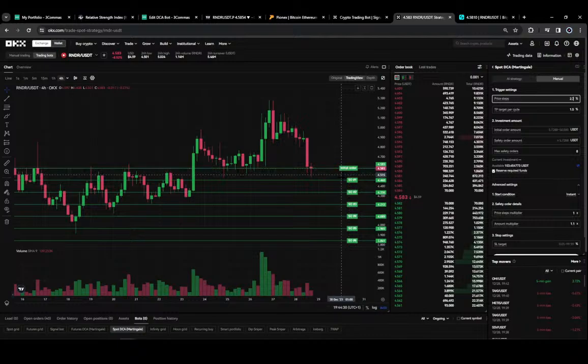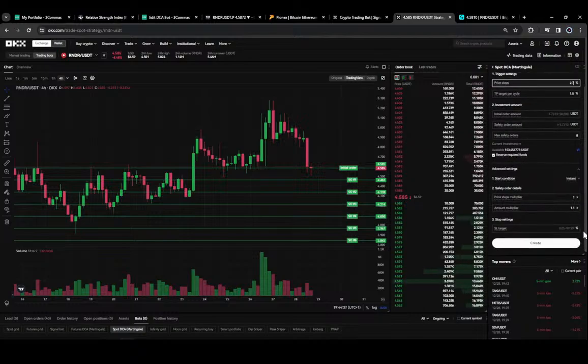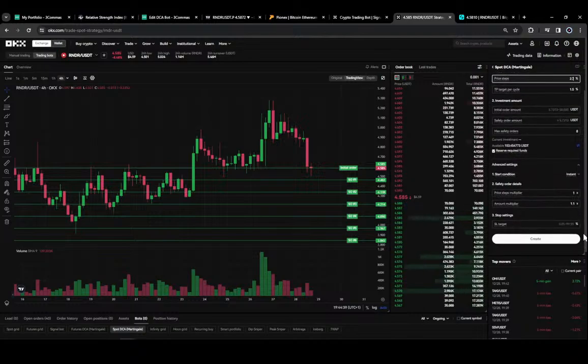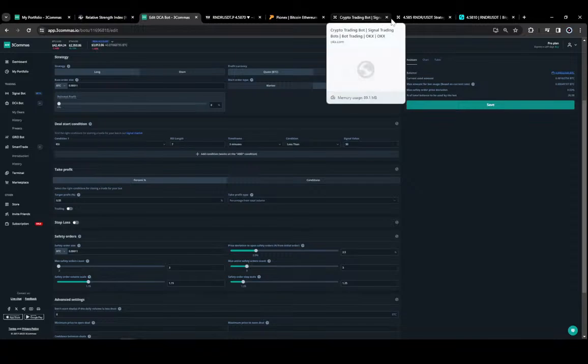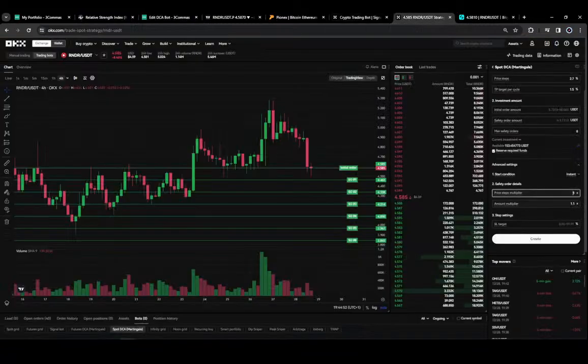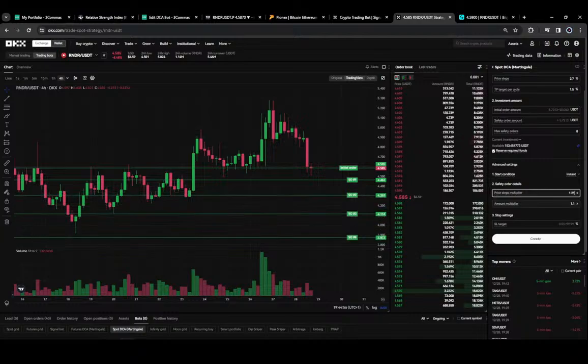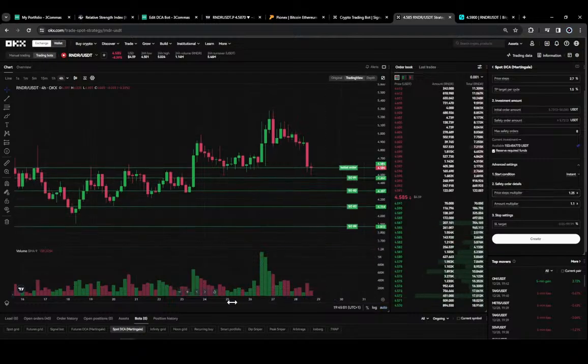So this is the initial order. This is the base order, nicely shown here. And then if I look down, I can have the step multiplier, right? So step multiplier is this step scale. So 1.25 I have. Now you can see visually how that wide setting of mine would work.